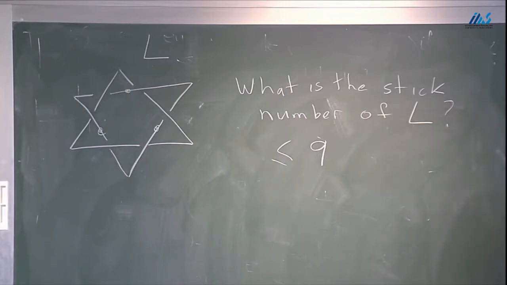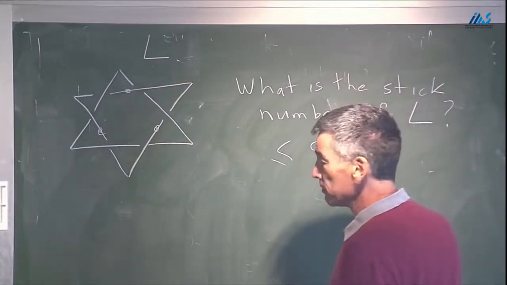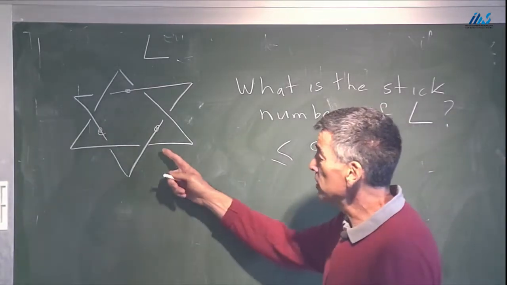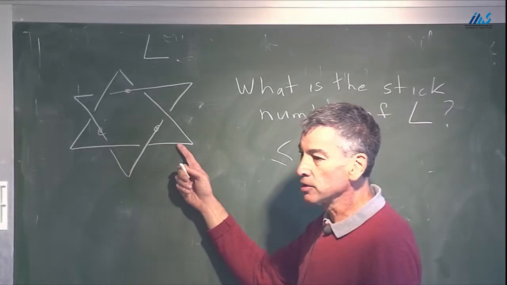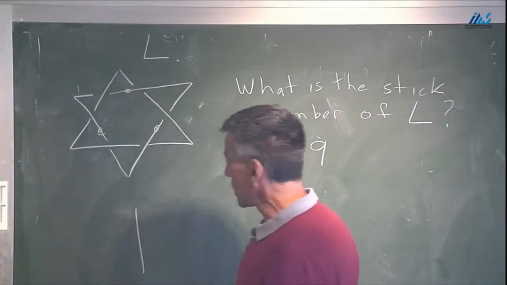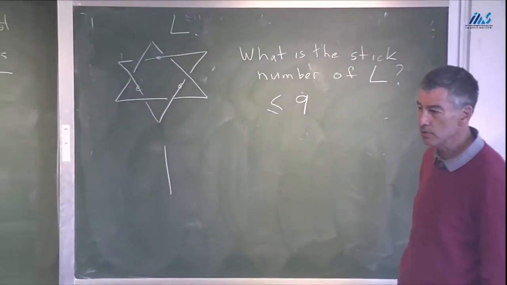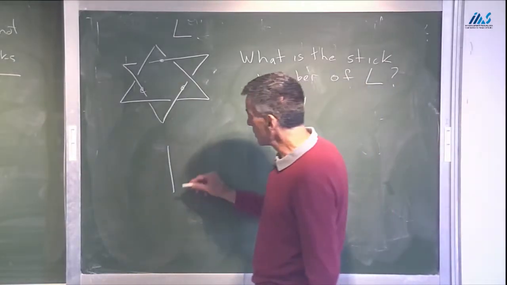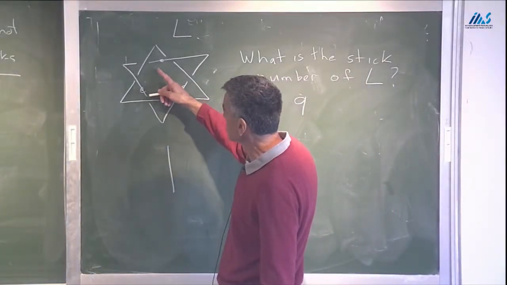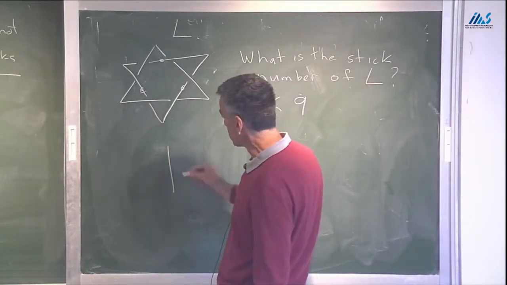But can we do it with 7 or 8? So somebody suggested 7? Okay, so I claim you cannot do it with 7, because if it was 7, then one of these would be a flat triangle, 3 and 4. So you could look sideways from that triangle, put that triangle perpendicular to the board, and now you'll see that this actually has to cross the plane of this triangle 3 times to get a linking number.